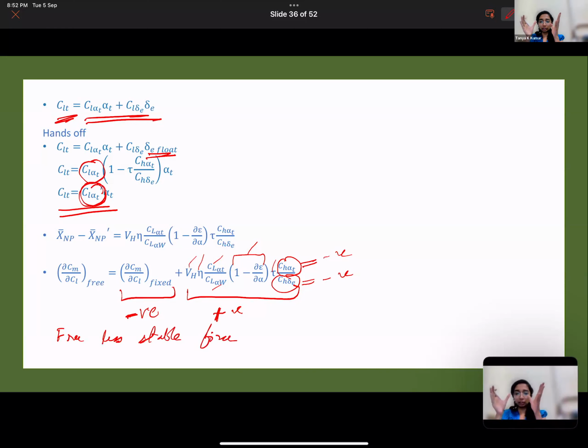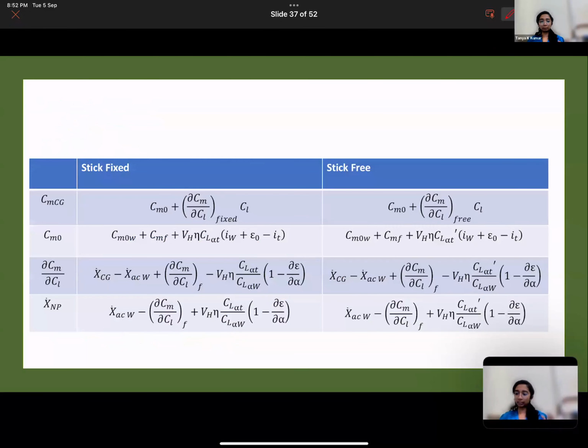The negative value is reducing, which is why your stick free case is less stable than your stick fixed case. Now this is just a comparison between the stick fixed and stick free case, where it's shown that the only difference is in that CL alpha.